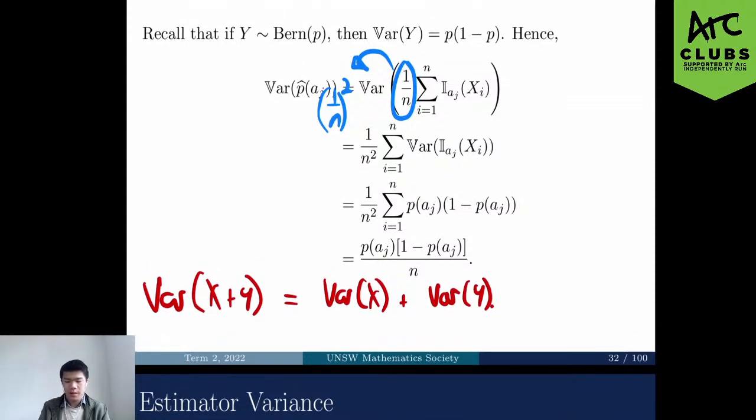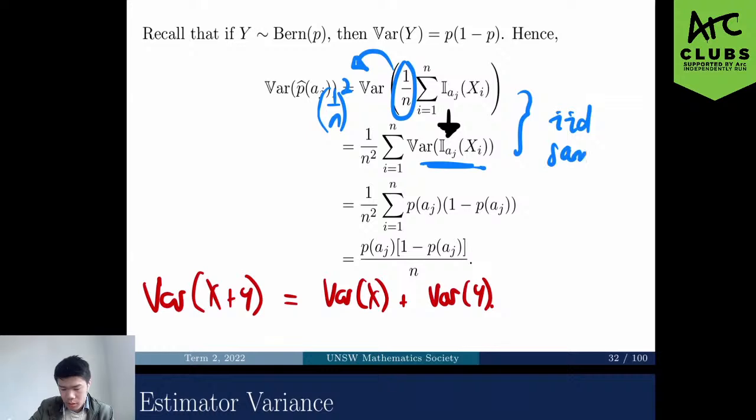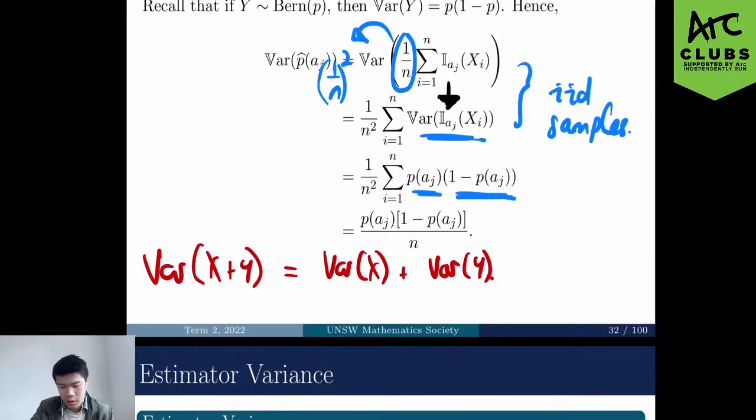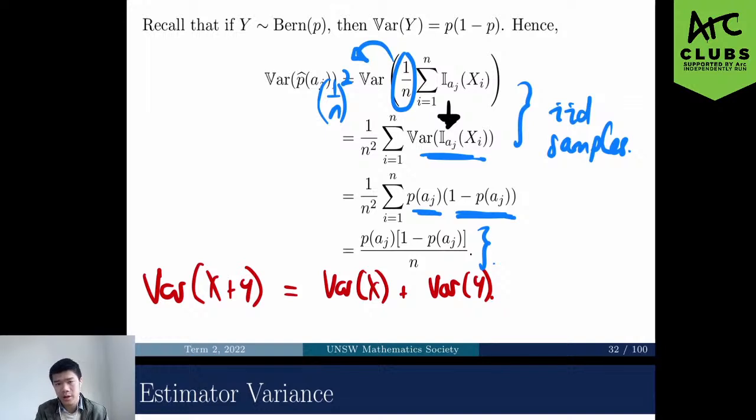So basically this variance of the sum turns into the sum of the variances. And you can always do this for IID samples. And so this becomes P of aj times 1 minus P of aj, and then you end up with this thing over here. Okay. So it's just similar to the kinds of calculations we've done before, except now we have the context of estimators.